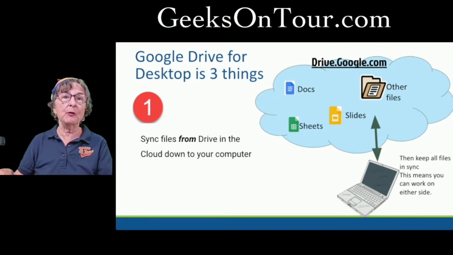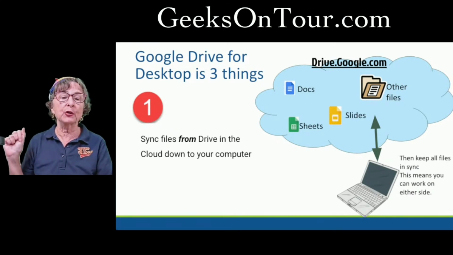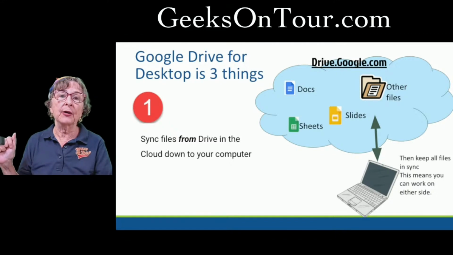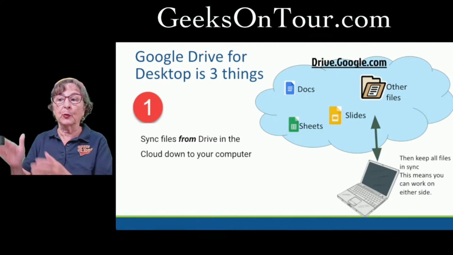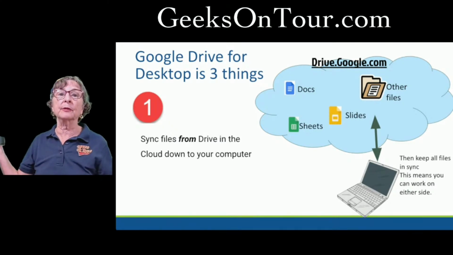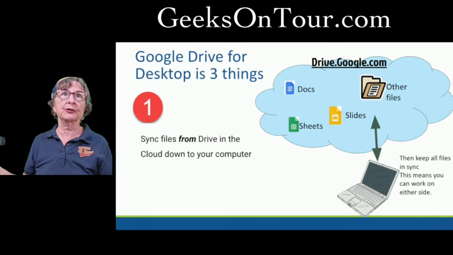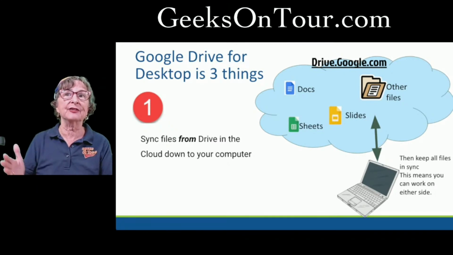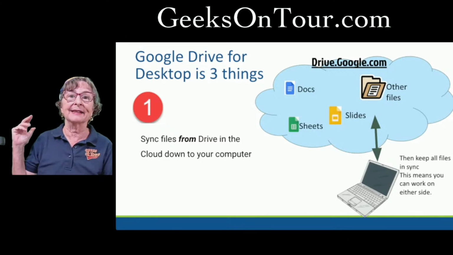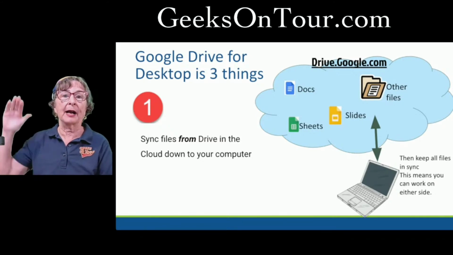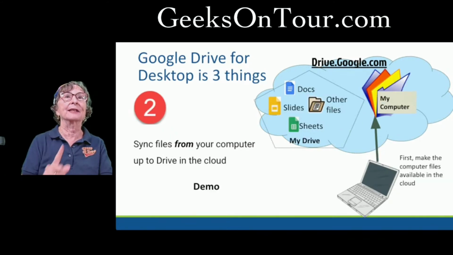And then once they're down there, it keeps them in sync, so you can use the files on either side. You can work with them on your computer, or you can work with them in the cloud on some other computer. So that's the way it works. It syncs files between your computer and the cloud. The My Drive comes down. All right, so that's number one.